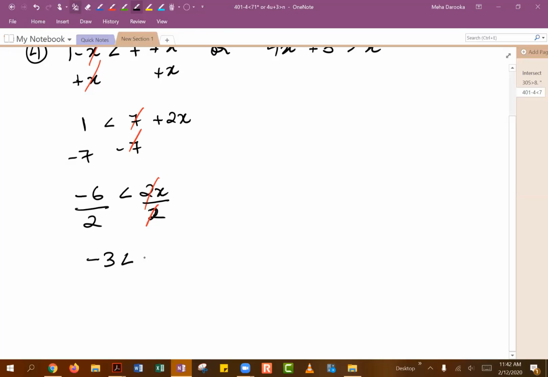Very good. Negative 3 is less than x, or x is greater than negative 3. My brain just prefers having my x on the left-hand side, so I usually rearrange my inequality. If you guys are comfortable with negative 3 less than x, you don't have to rewrite it. I just prefer to rewrite mine.